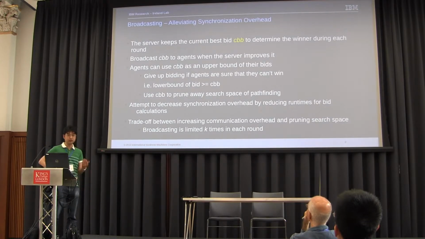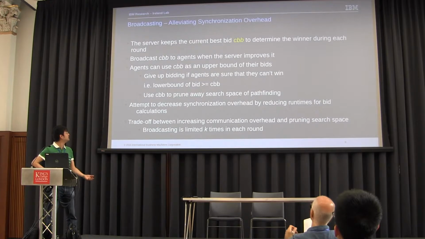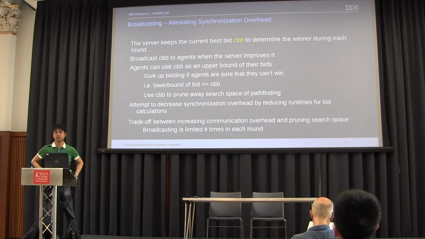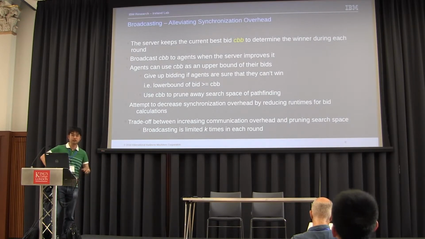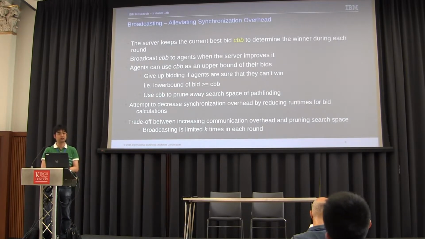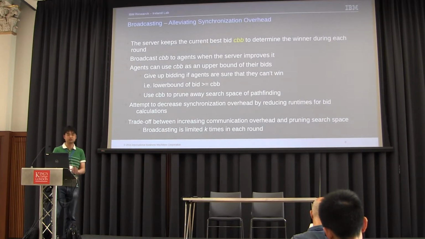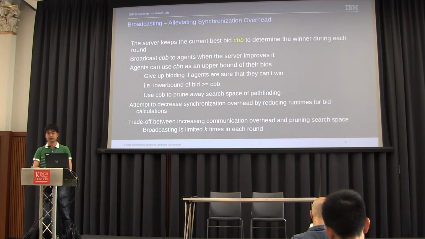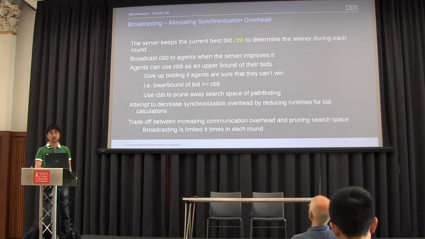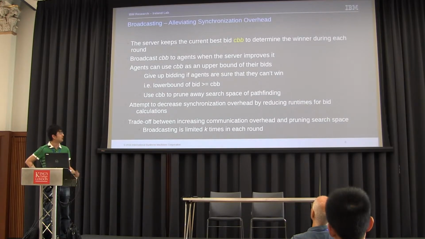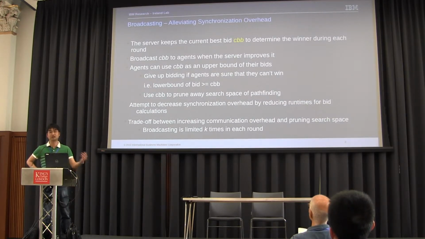What broadcasting does is that whenever the server receives a better bid cost, the server broadcasts that information to the agents, so that agents that are currently calculating bid costs can stop earlier when they are proven to have no chance of being allocated the target. In that situation, they just give up bidding.